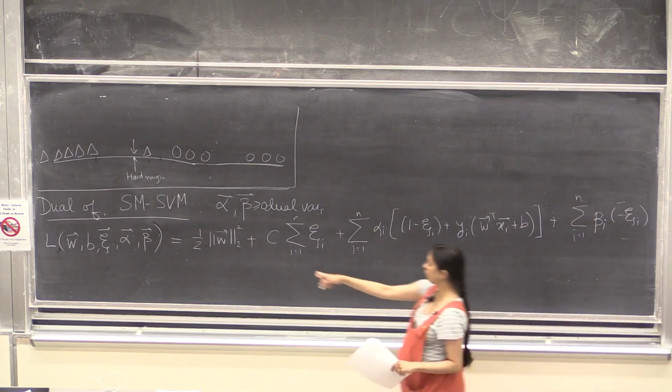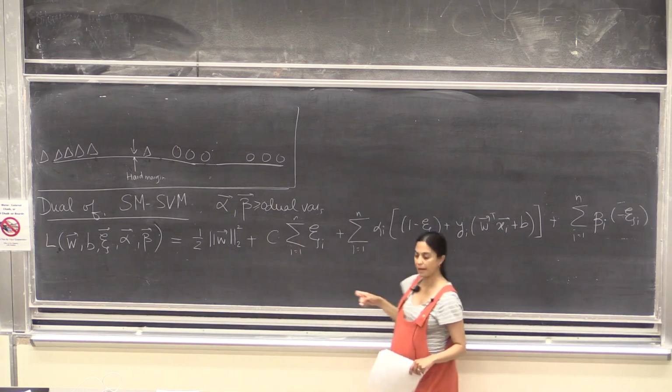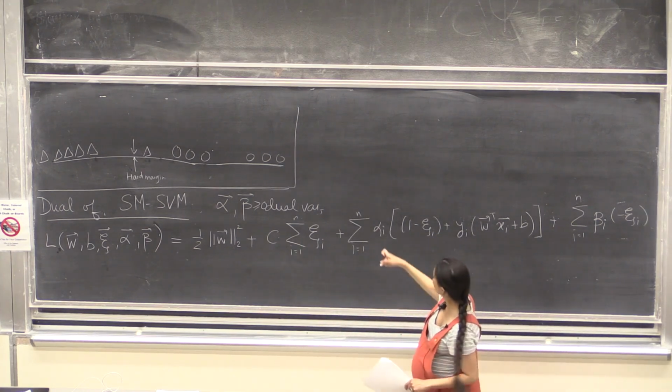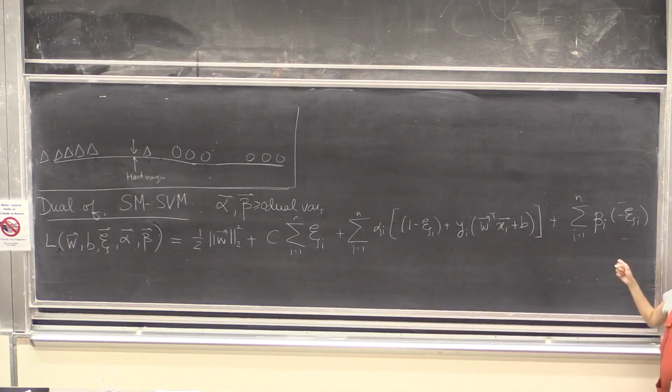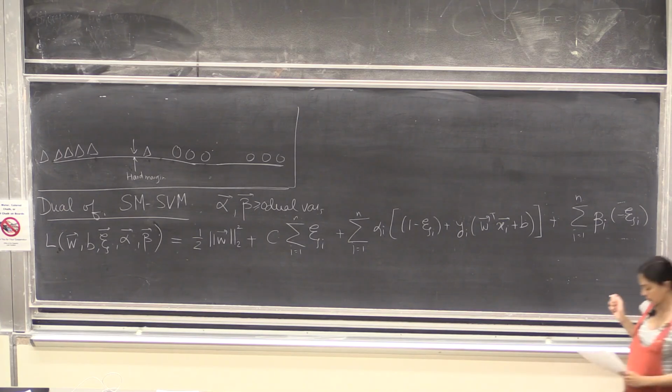So I have my objective function here, and then I have my 2 inequality constraints that I've multiplied by my dual variables and added to my objective. Standard, vanilla writing of the Lagrangian. Nothing fancy done here. We're good? Okay.